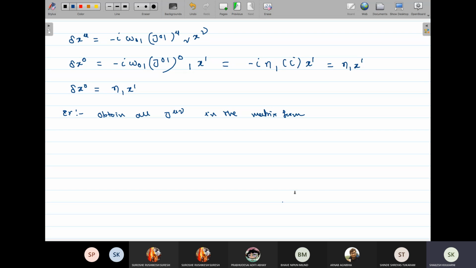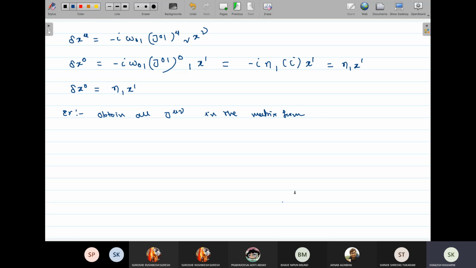Why is it clear why I'm concentrating only on infinitesimal Lorentz transformations? Why am I so concerned about the infinitesimal form? Can anyone tell me? We can apply those infinitesimal Lorentz transformations n number of times and obtain... Okay, but the point is that I know the finite Lorentz transformation, right?